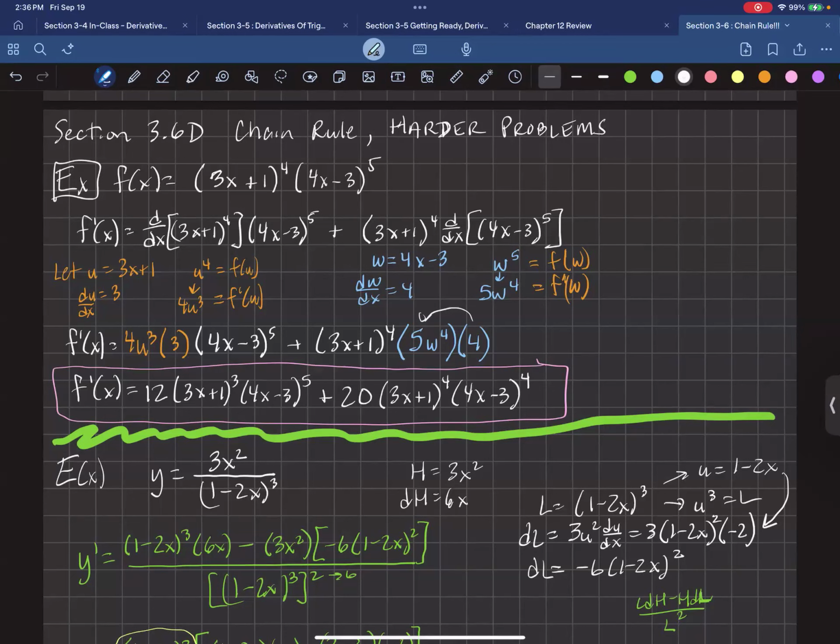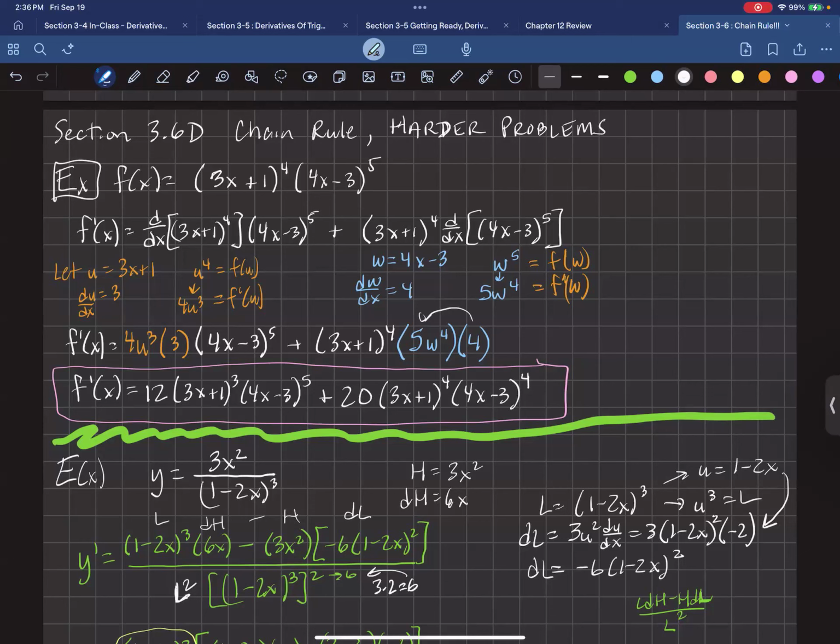Having those, I plugged everything in here. I've got low d high minus high d low all over low squared. (1 - 2x) cubed, that's squared. Remember when we have exponents like that, we're multiplying them to get the 6.